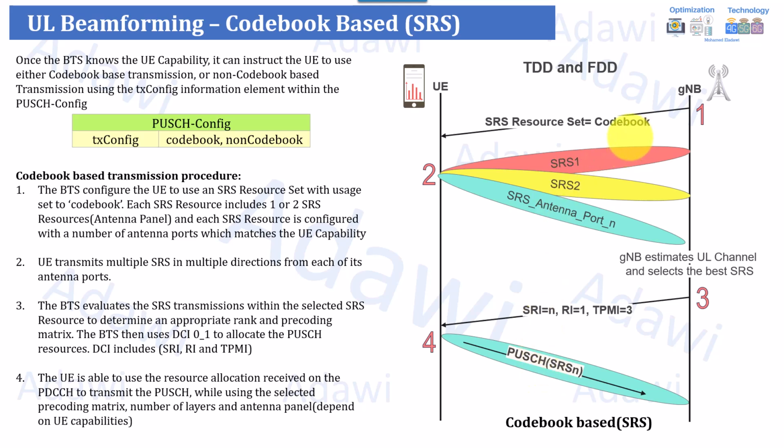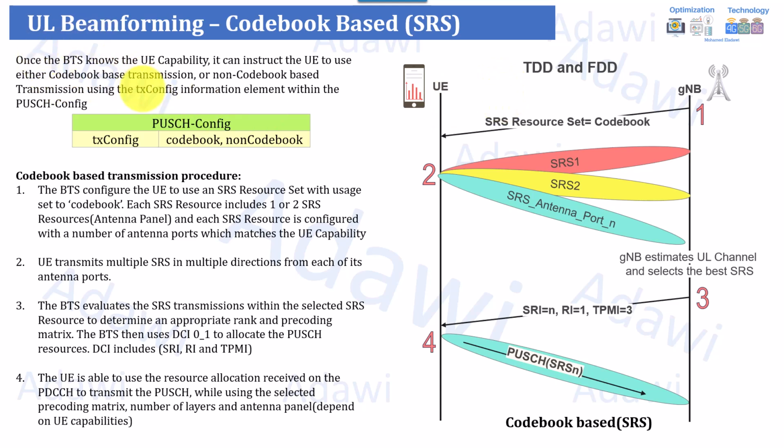So how does the gNB in the very beginning define which type is going to be used, either codebook or non-codebook? The first thing the gNB needs to know before this step is the UE capability. For example, some UEs support only codebook and not non-codebook. This can be covered in the UE capability itself.